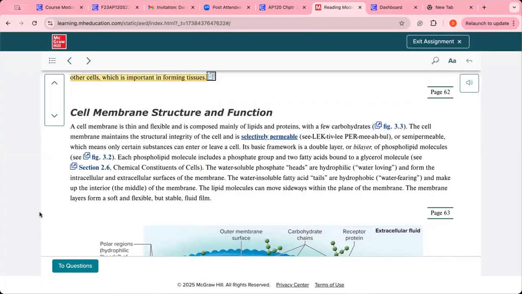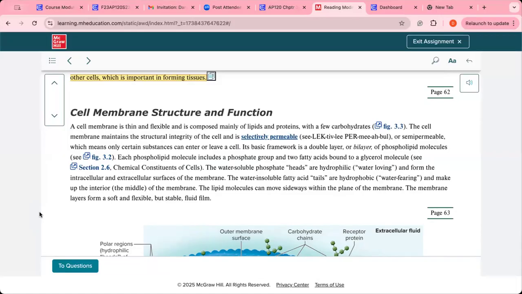Which means only certain substances can enter or leave a cell. Its basic framework is a double layer or bilayer of phospholipid molecules. Each phospholipid molecule includes a phosphate group, 2 fatty acids bound to a glycerol molecule. We talked about that last time.